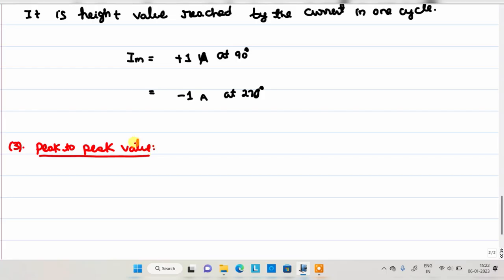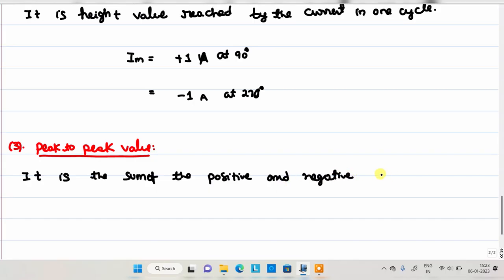The peak to peak value is nothing but a sum of the positive and negative peak values, usually written as the peak to peak value. Is it okay?